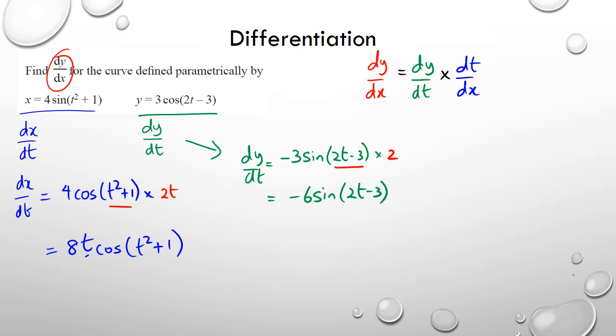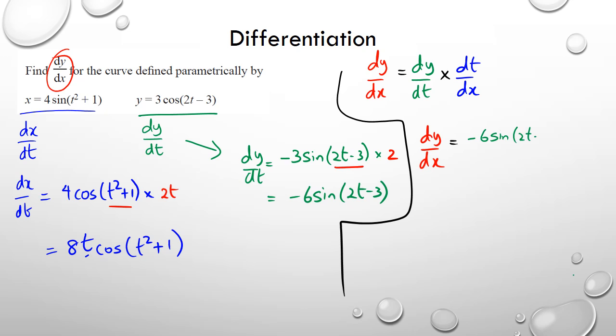But to get to a merit, in this 2012, you just have to put them together. So basically, I can write dy dx is equal to dy dt, which is minus 6 sine 2t minus 3 multiplied by dt over dx. So that one, I just write it down as 1 over 8t. I need some more space, hold on.